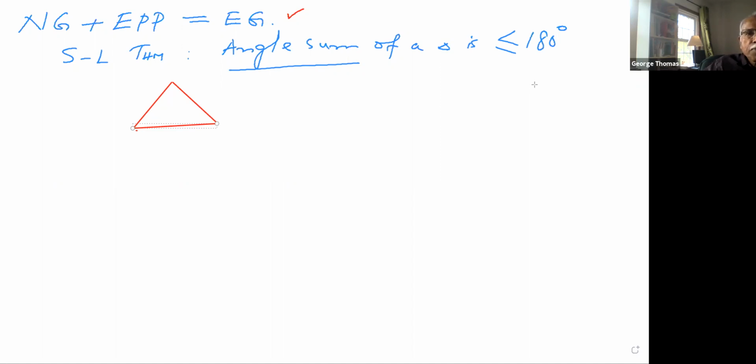Now we are in familiar territory because you have heard that before, haven't you? In school, that is what we learn. Why is it 180 degrees? Because of EPP, we can draw now.